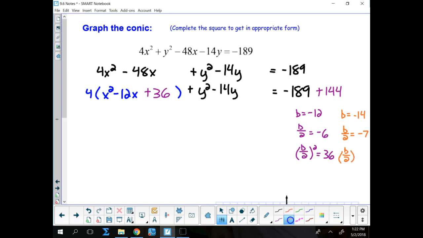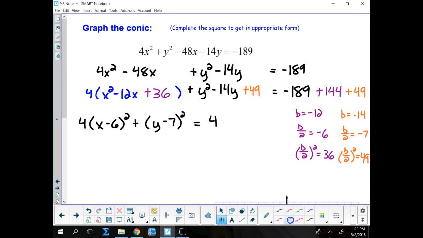B over 2 squared is going to be 49. So I'm adding 49 there, which means I got to add 49 to the right side. So that gives me 4 times the quantity x minus 6 squared plus the quantity y minus 7 squared equals, I think it's 4.